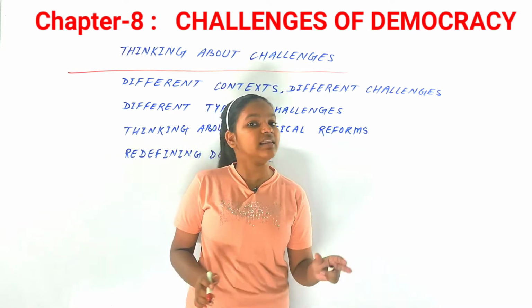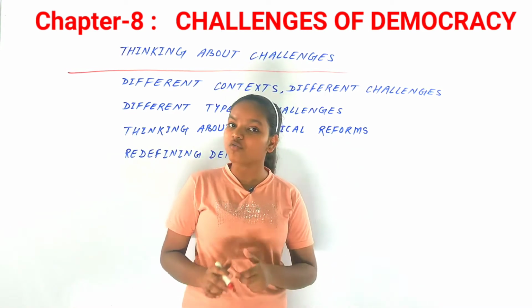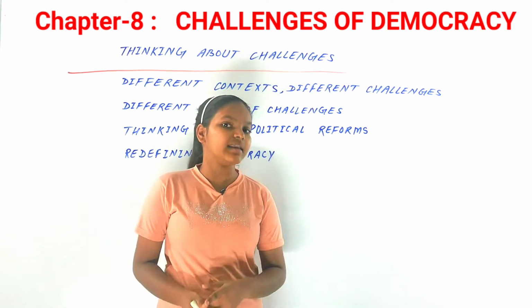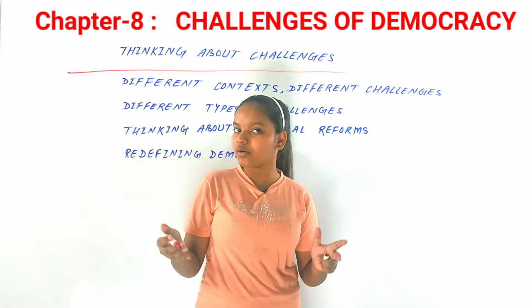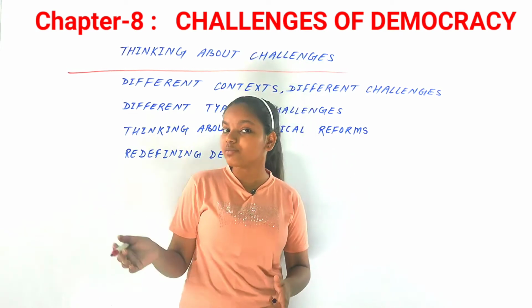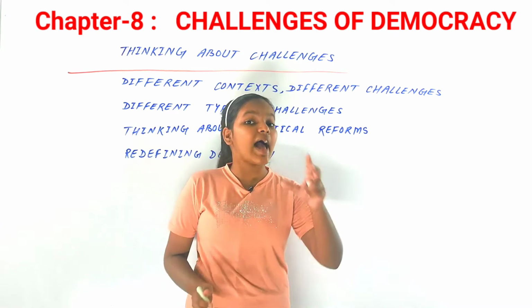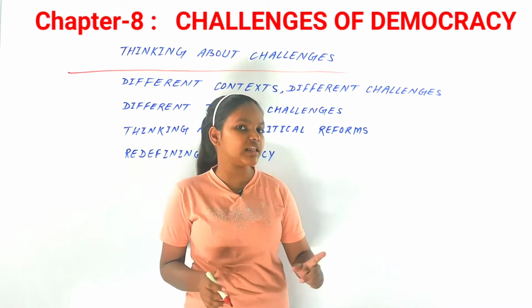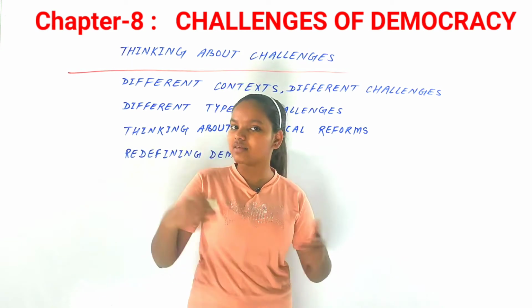In different parts of the world there can be different challenges faced by a democracy, and as democracy is dominant all over the world, it does not have a challenger or a rival in its arena.